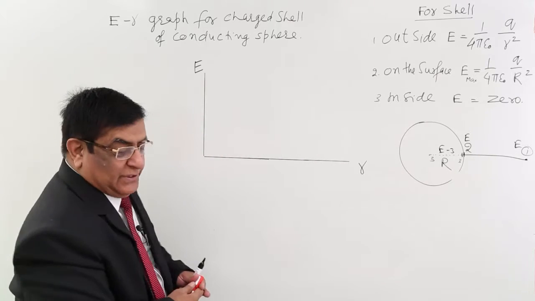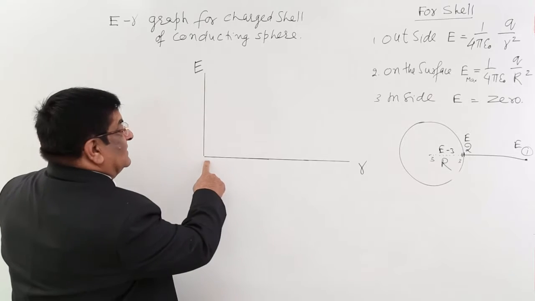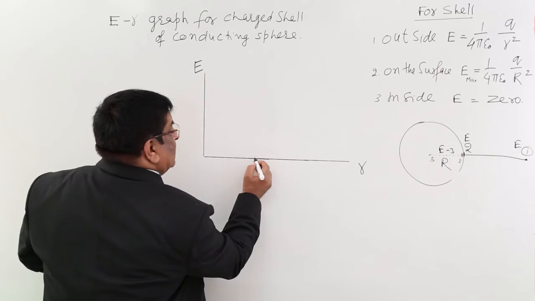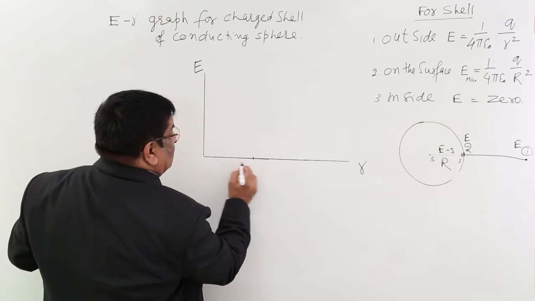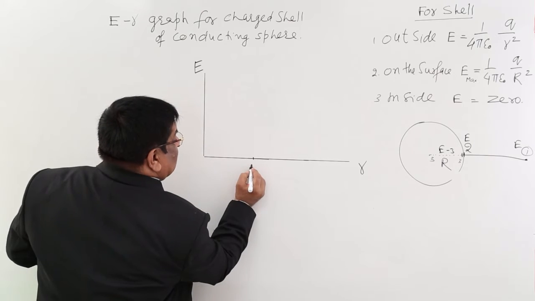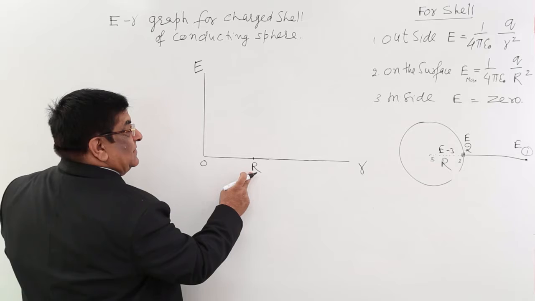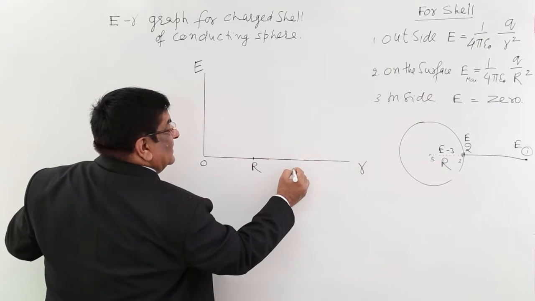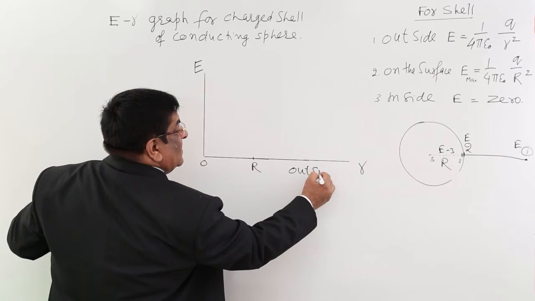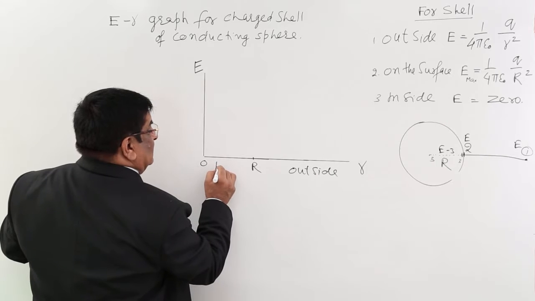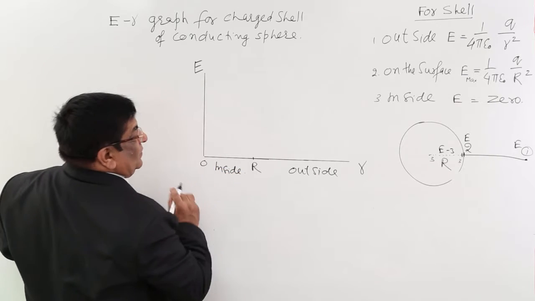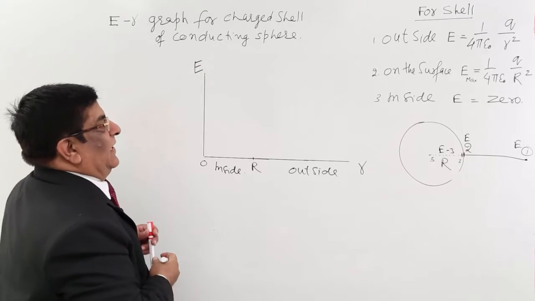So I will put it this way: if this is the distance r, this is 0, center to r, and then outside, and this is inside. This is a certain value of electric field.